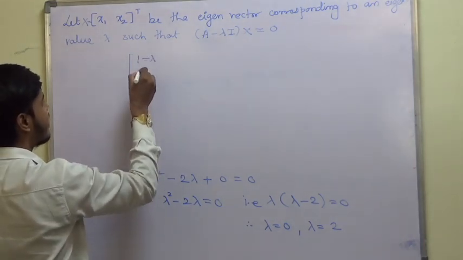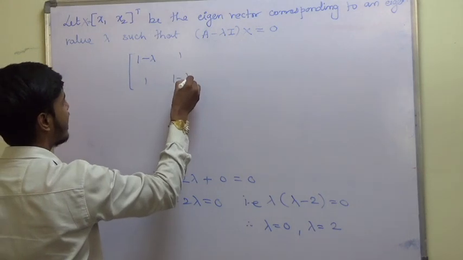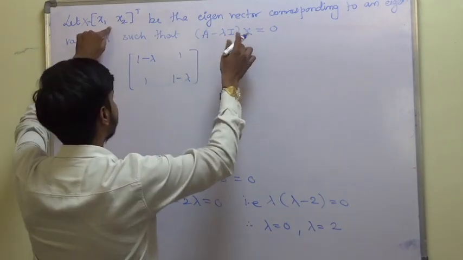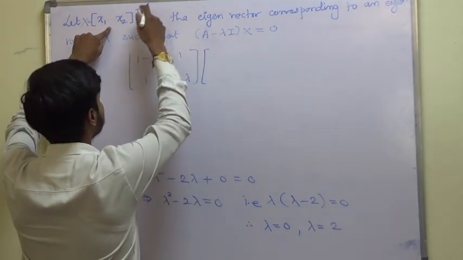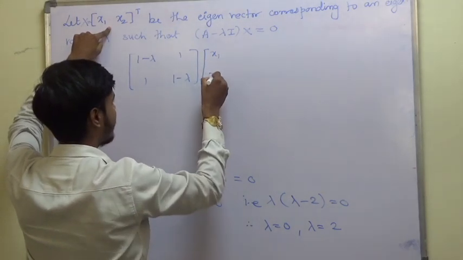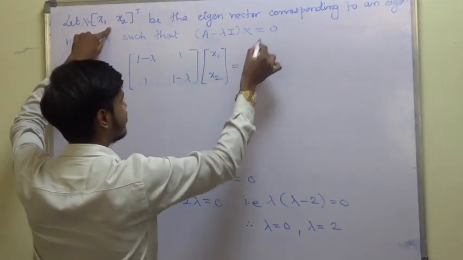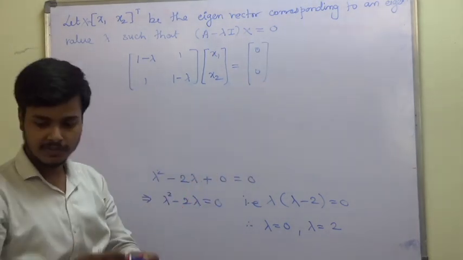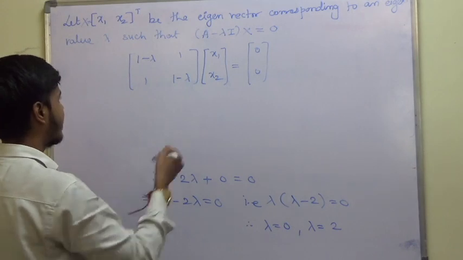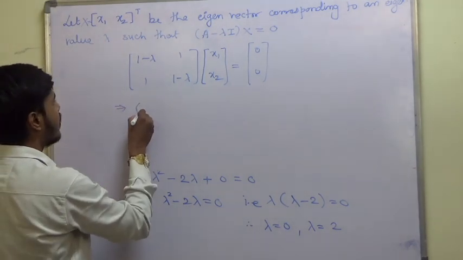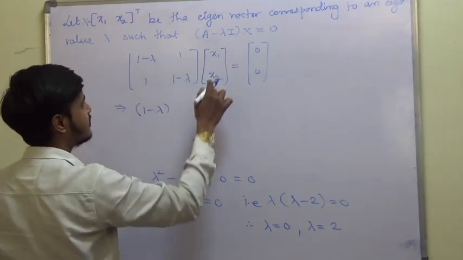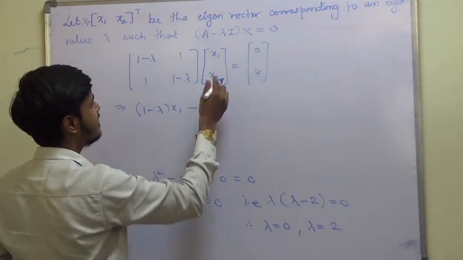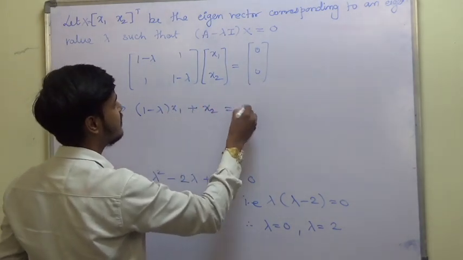1 minus lambda, 1, 1, 1 minus lambda. What is x? X is x1, x2 transpose. So I can write it as a column matrix, x1, x2, is equal to 0, which can be written as 0, 0. Now just find out, you can find this one as 1 minus lambda, first row, first column into x1 plus x2 equal to 0.